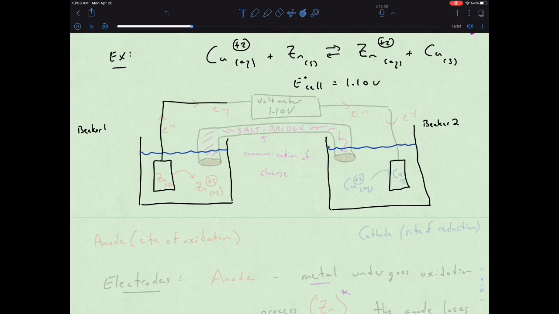And they are attached to one another via a copper wire, and we have our voltmeter that's above, that's connecting the two. On the left side, we have what's called our anode. This is the site of oxidation.